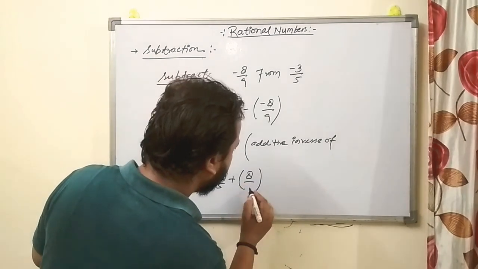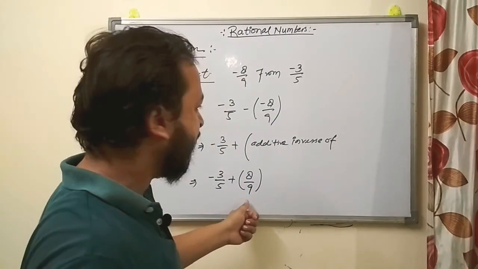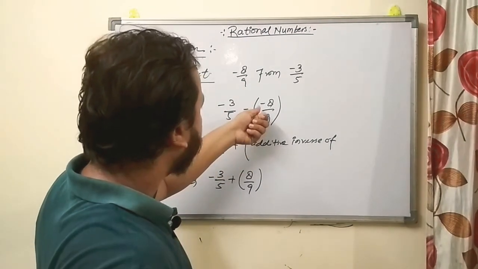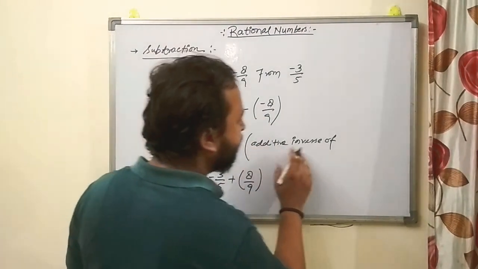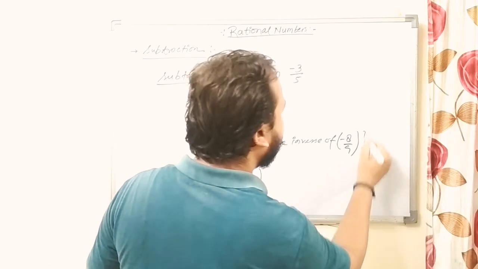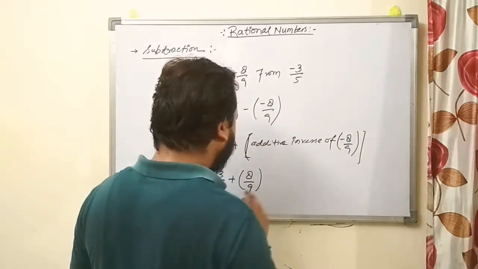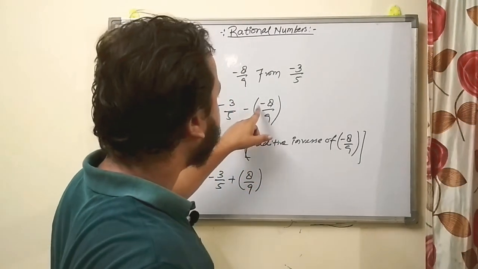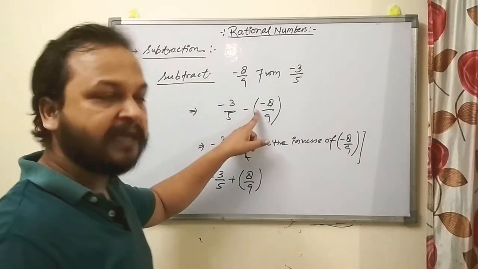So 8 by 9 is the additive inverse of what? Minus 8 by 9. Because it is converted, minus multiplied by minus becomes plus, right?